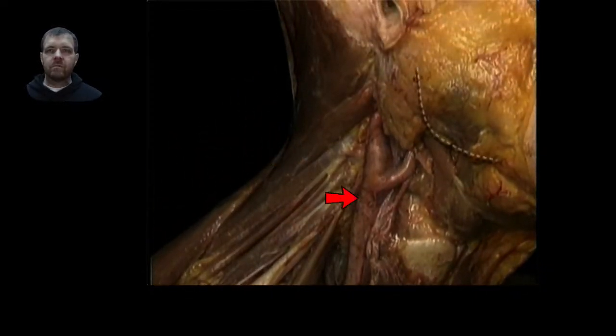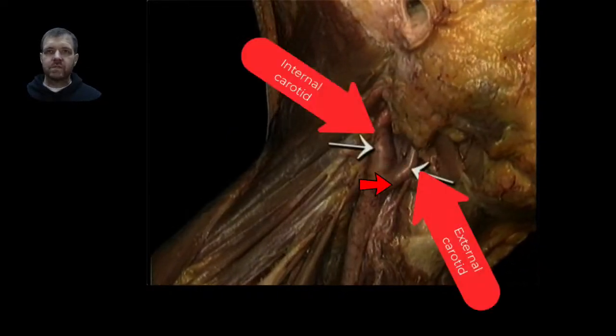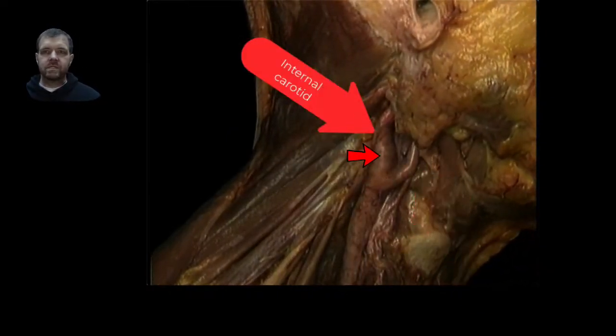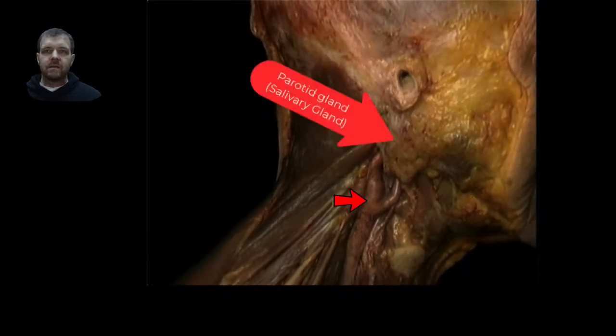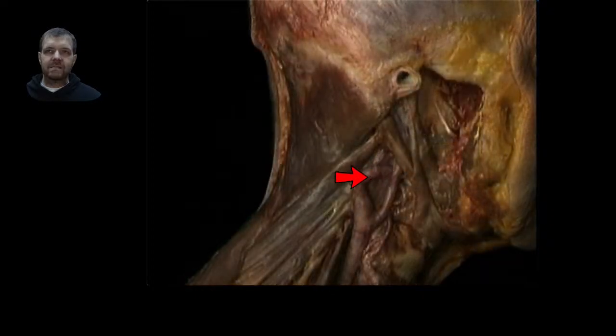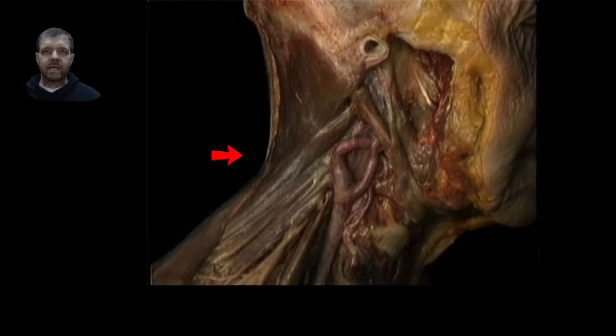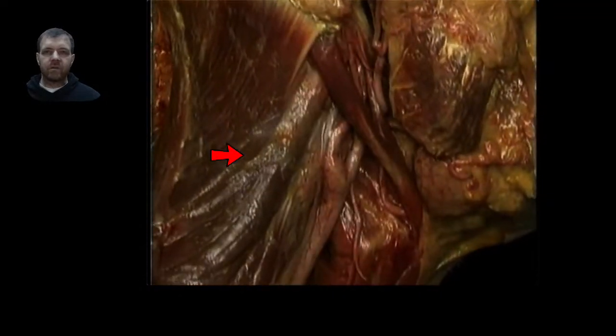And there we go. So there's your mandible, so the side of the jaw. There's your external carotid, internal carotid just there. So we've got the parotid glands, salivary glands, and then with those removed, you can see the pathway again of those nerves, of those blood vessels.